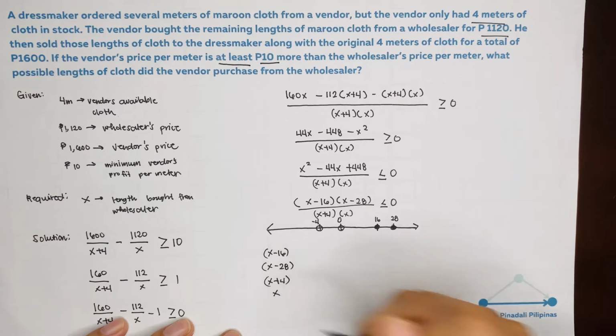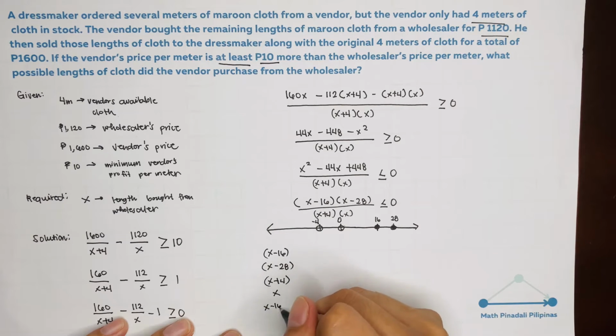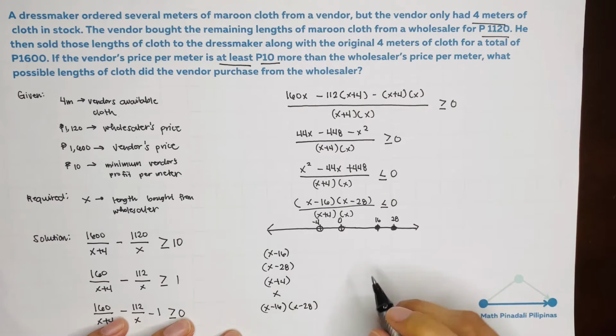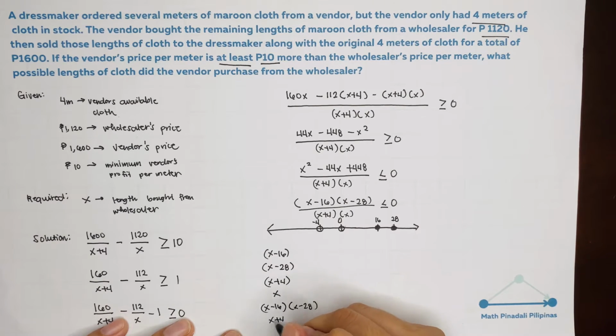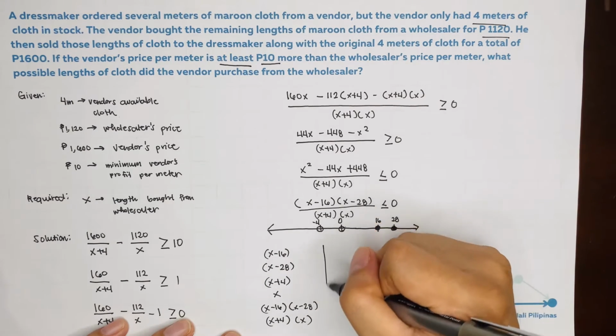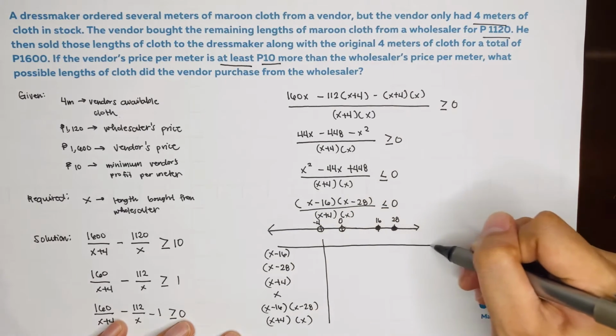We have x. Then, yung nasa numerator natin, x minus 16, x minus 28, and x plus 4, and x yung denominator. Okay? Then, pili tayo ng mga included dun sa sign table natin.